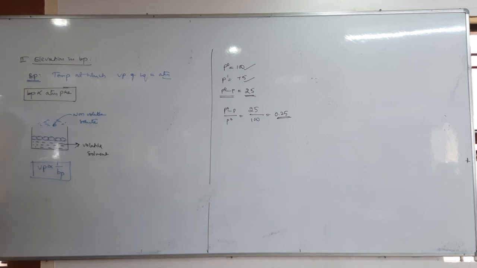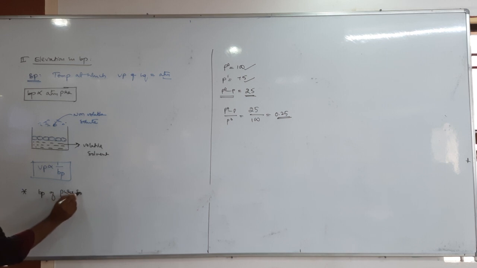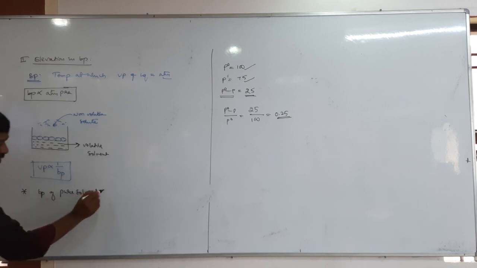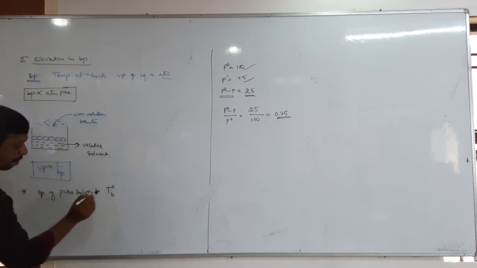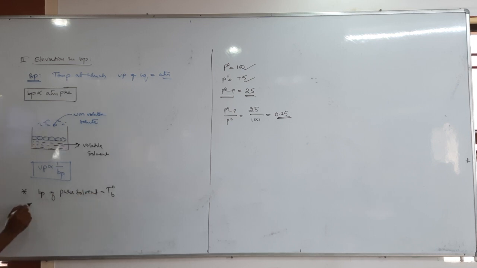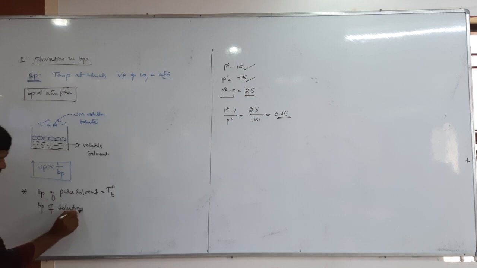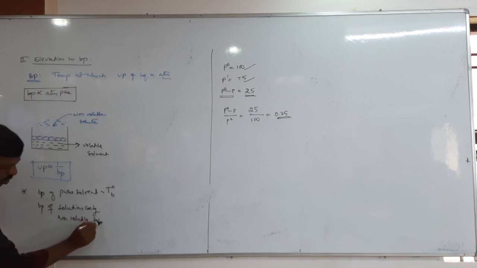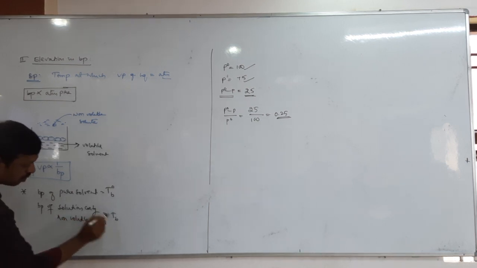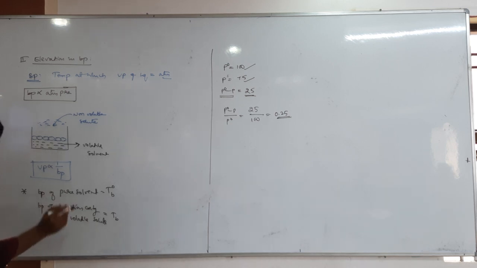Okay, now let the boiling point of the pure solvent be T naught b, and the boiling point of the solution containing non-volatile solute be Tb. Then among T naught b and Tb, which is greater?